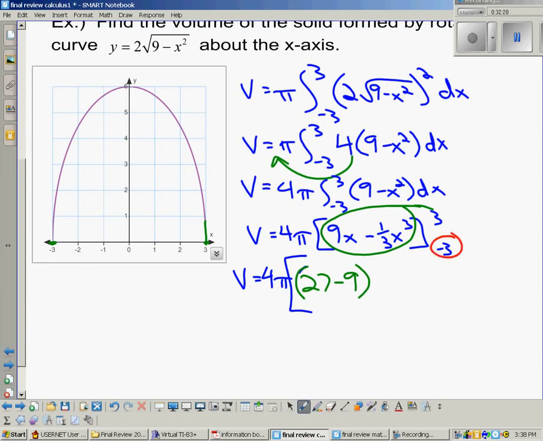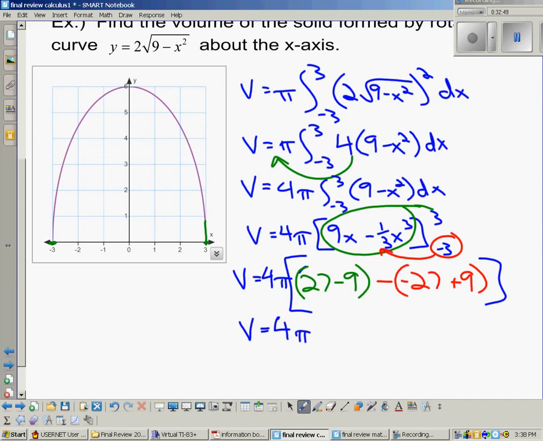Now I'm going to see what happens when I plug in -3 for the whole function. So I'll have minus 9 times -3 is -27. -1/3 times -27 here is going to give us +9. Alright, let's do what's inside the brackets.